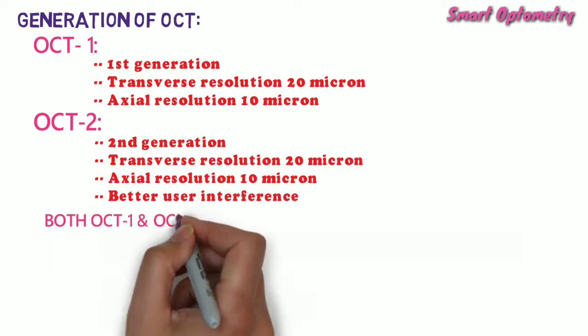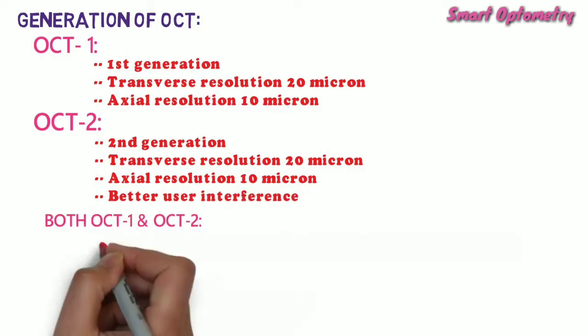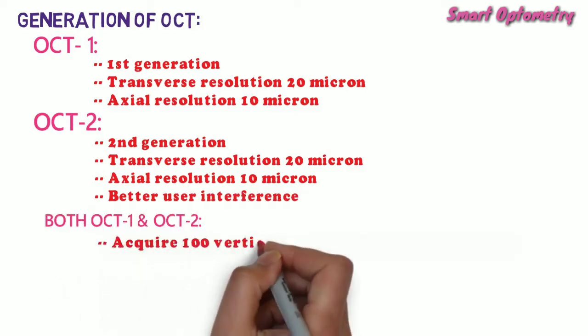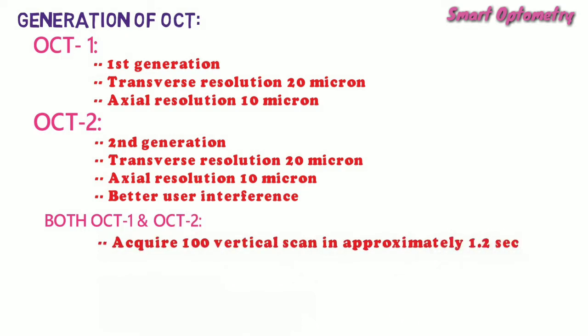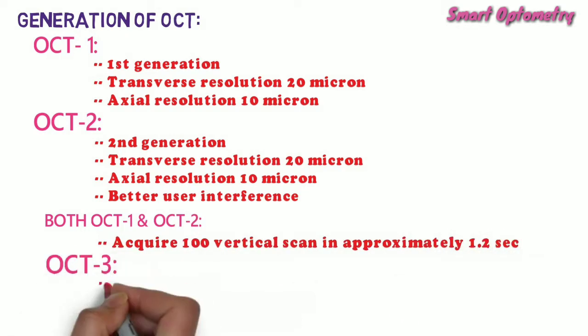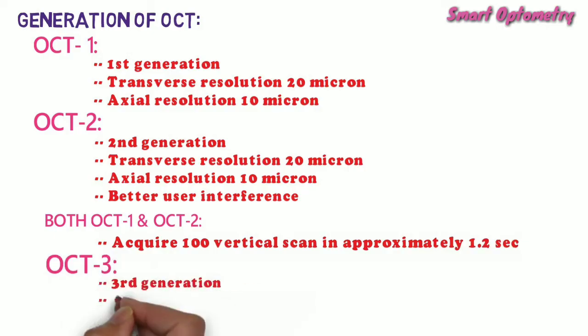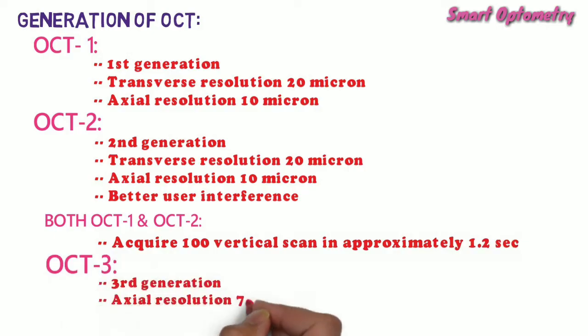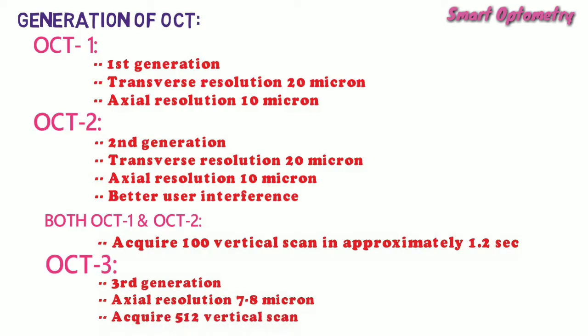Both OCT1 and OCT2 acquire 10 vertical scans in approximately 1.2 seconds. Then OCT3, this is third generation, axial resolution is 7 to 8 micron and acquires 512 vertical scans.